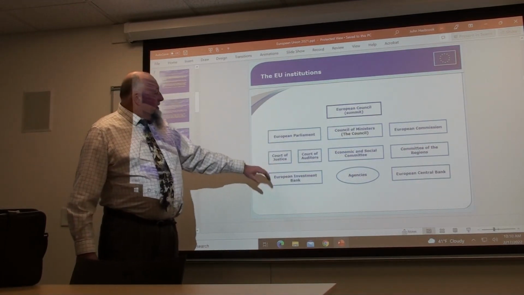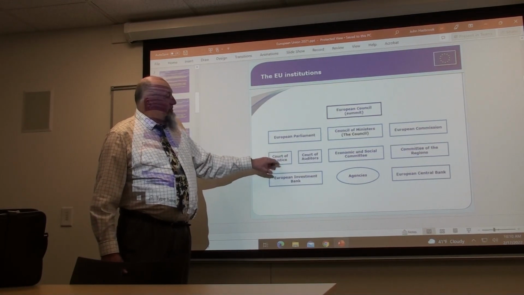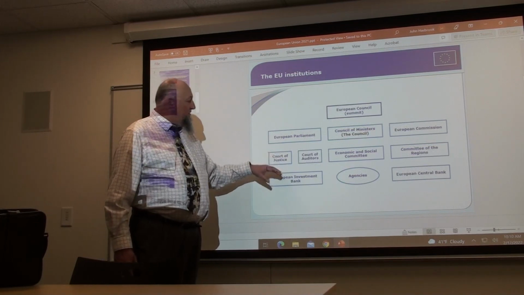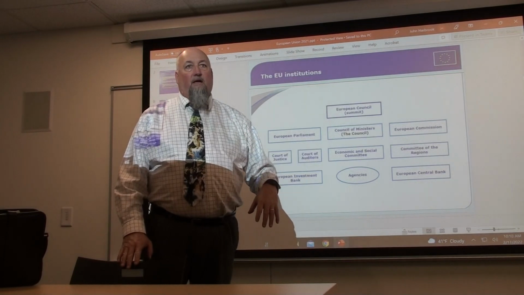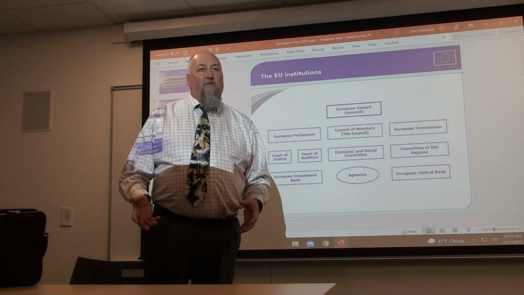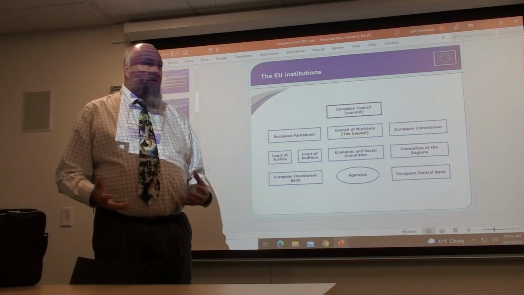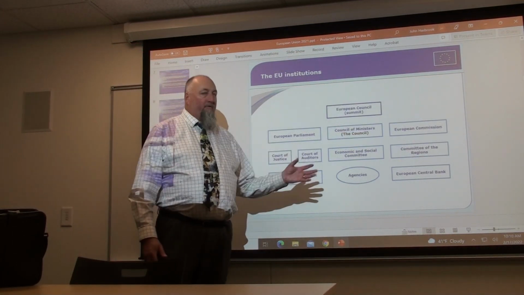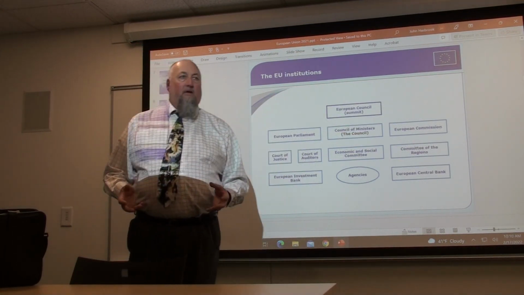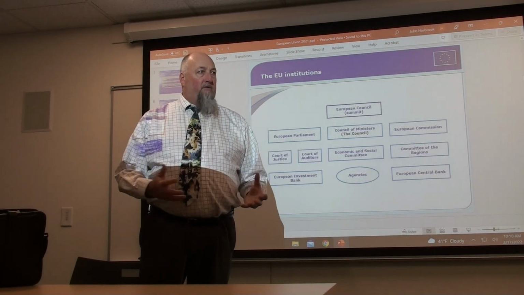Then down below, we have the Court of Justice, the European Court of Justice, which would be equivalent to the International Court of Justice at the UN level, or to make an equivalency here in the United States, it would be equivalent to the Supreme Court. They also have lower level courts like the Court of First Instance, which I'm not really going to get into here.